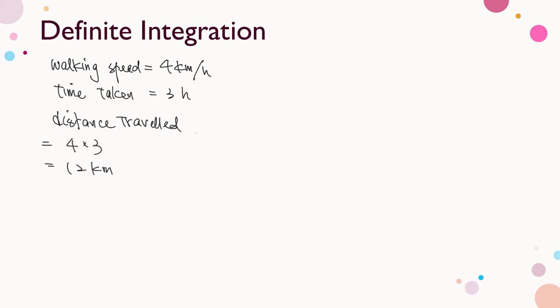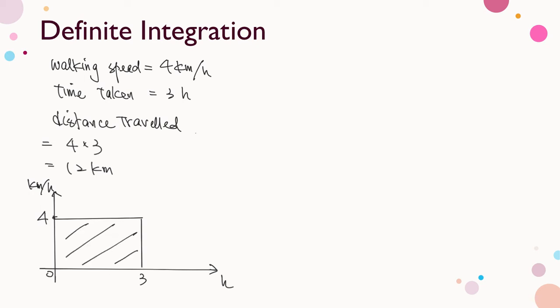Or we can visualize the solution by the travel graph, speed against time. The speed is 4 km per hour, a constant speed, so it is represented by a horizontal line in the graph. As the time taken is 3 hours, the distance traveled is given by the area of the rectangle with dimensions 4 by 3. Thus, the area 12 gives the distance traveled.